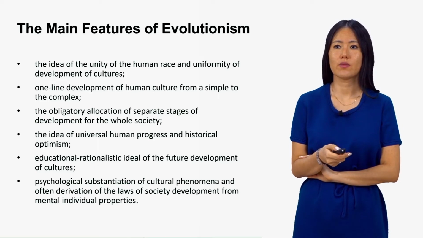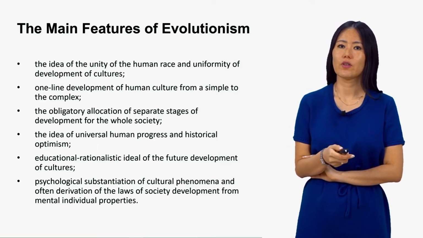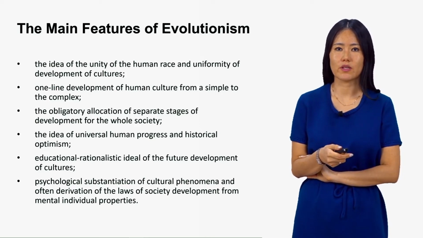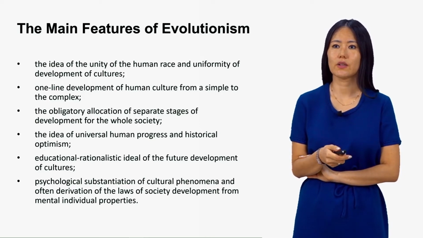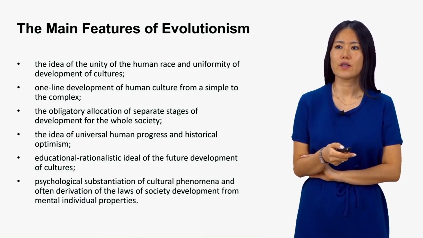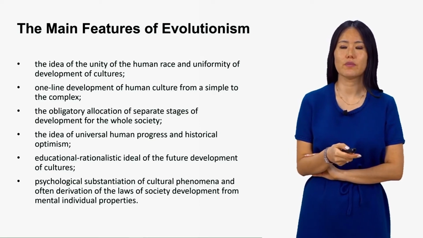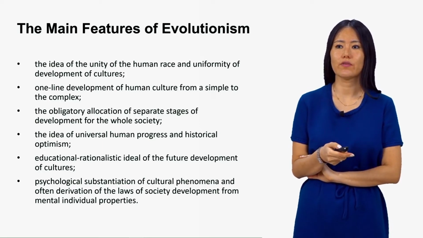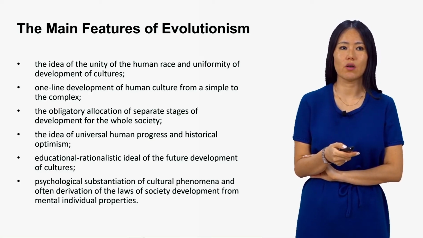Another idea is the one-line development of human culture from the simple to the complex. And the third idea is the obligatory allocation of separate stages of development for the whole society. And also there is the idea of universal human progress and historical optimism.